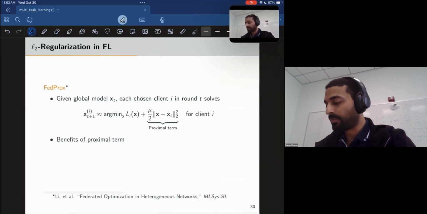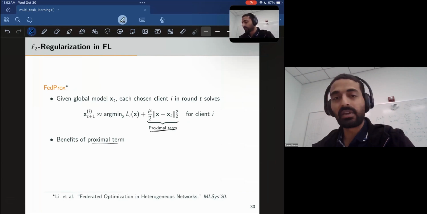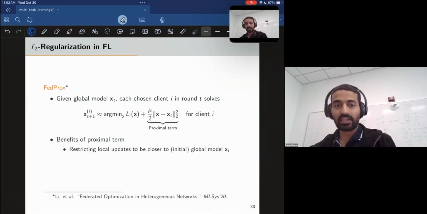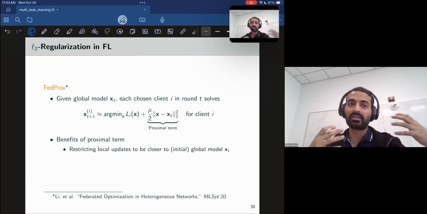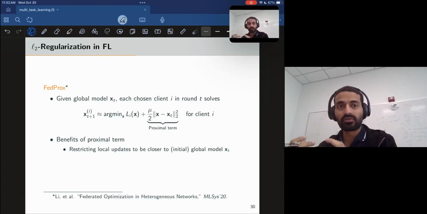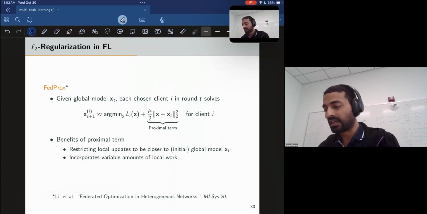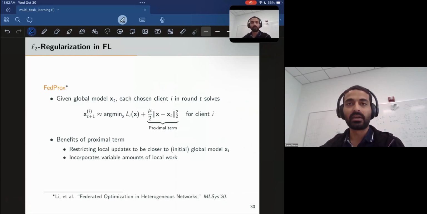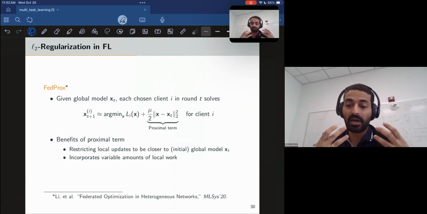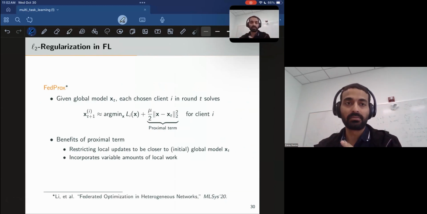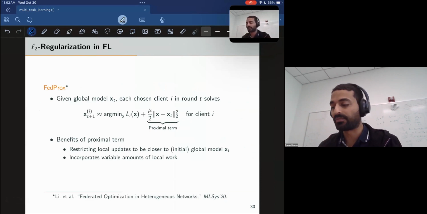And there are some benefits of adding this proximal term in the federated setting. As we just discussed, it ensures that the local updates stay close to the global model. In addition, the authors realized that different clients, because of their computational capabilities, might do different amounts of computation in a given period of time.